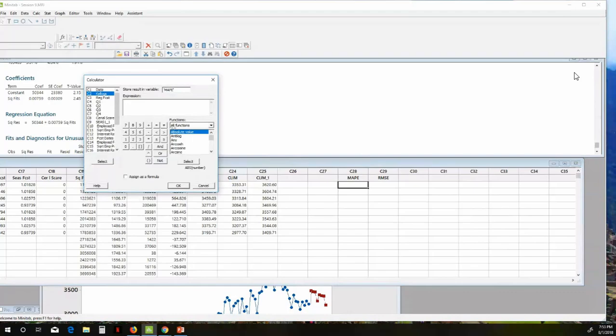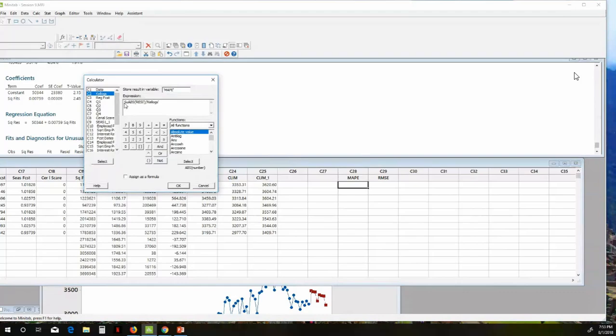Apologize. Take the absolute value. That's the first function that you've got, of the residuals. Divide them. I had the cursor in the wrong spot. By the original Kellogg's revenue, that gives me percentage error.